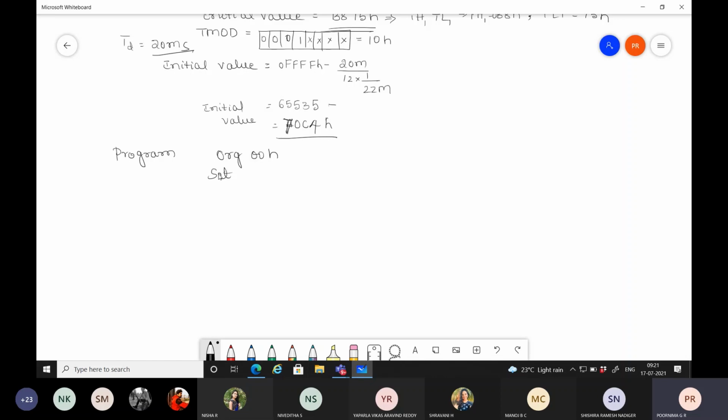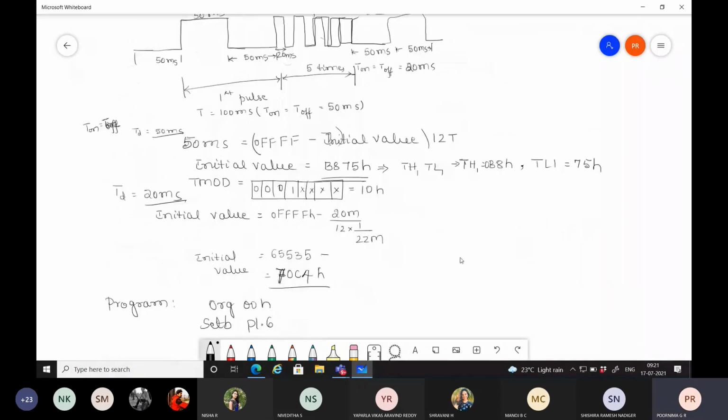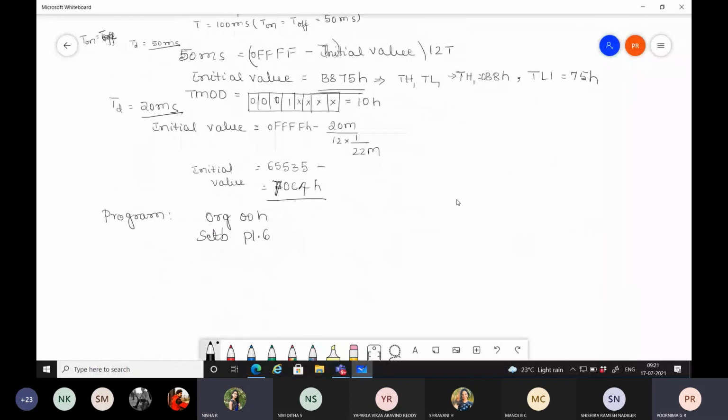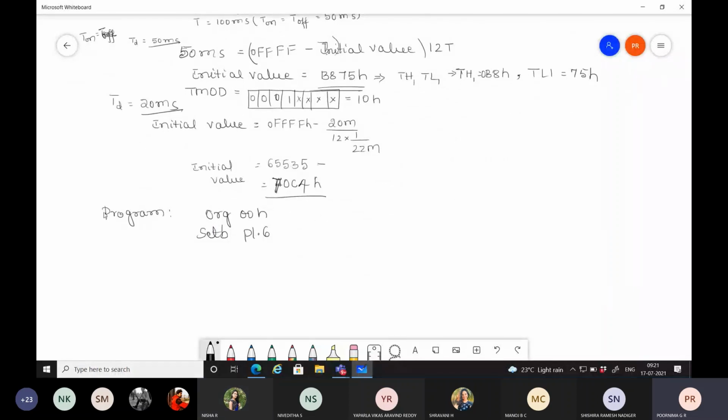ORG 00H. Now since the initial value is supposed to be high, SETB P1.6. Which pin is it supposed to be? P1.2, sorry.